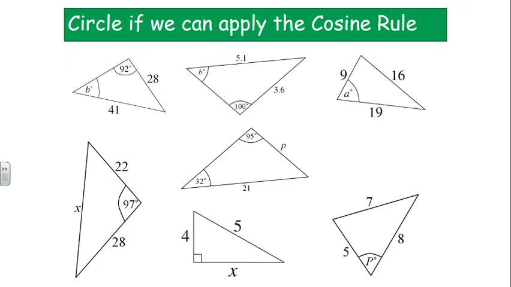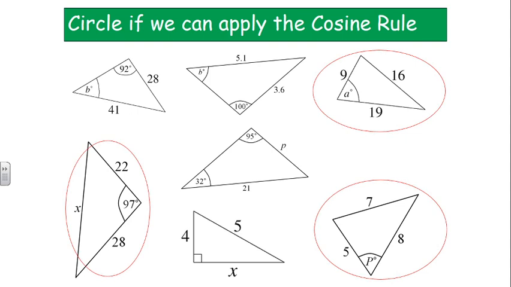If you could pause it now, have a look at these triangles and determine whether we could apply the cosine rule or whether we need to use something else. Okay, pause it. And when you're ready, these are the answers. So this one, length, length, angle in the middle, length, length, angle in the middle, and this one, all three lengths, we're asked to work out an angle.